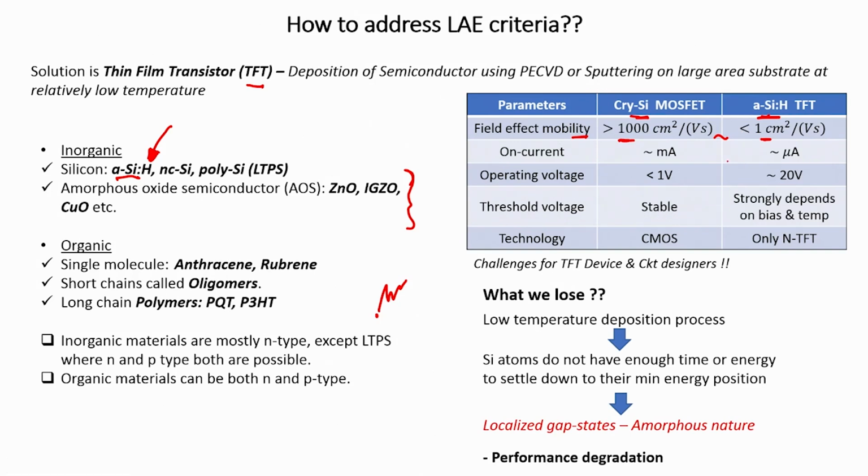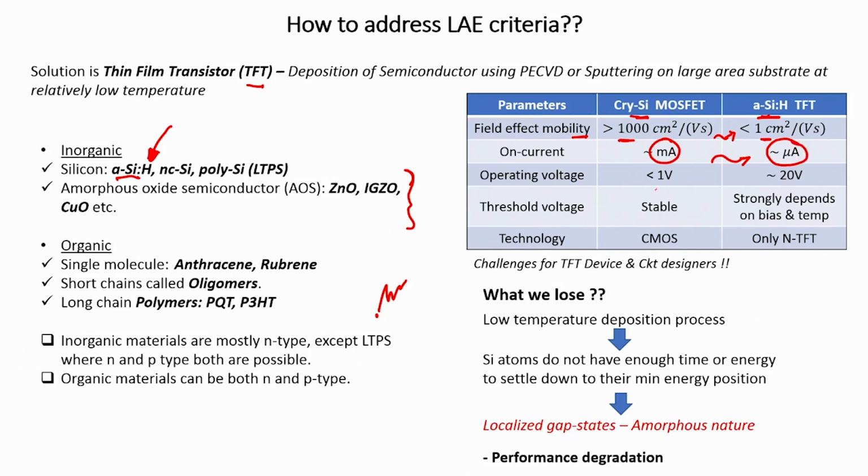On the other hand, the on currents in the case of crystalline silicon are about 1000 times larger than amorphous silicon. So you have currents of the order of milliamps for a transistor that is on, whereas in the case of amorphous silicon the currents are of the order of microamps for a transistor that is on.